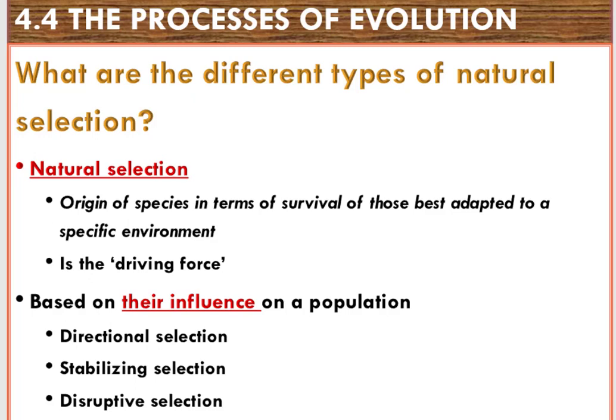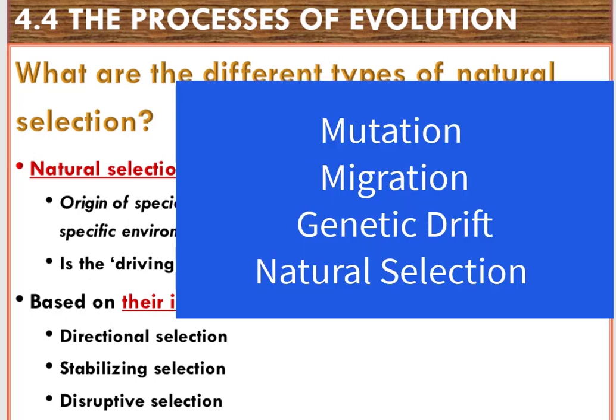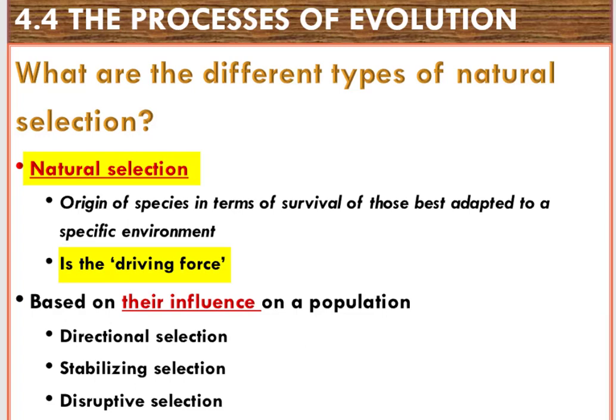over time. There are four mechanisms of evolutionary change that can determine gene frequency. These include gene mutation, migration, genetic drift, and natural selection. Natural selection is a key mechanism of evolution, or the driving force, in addition to genetics and behavior.